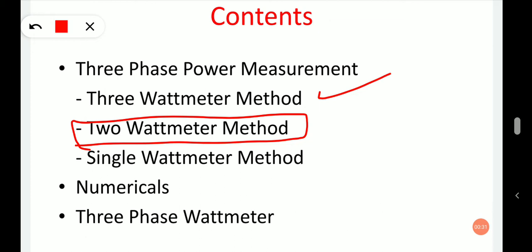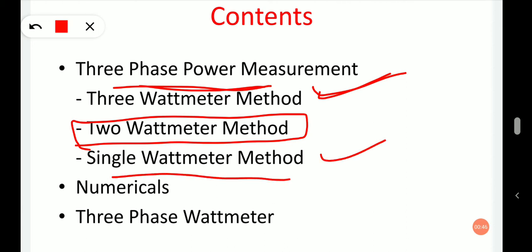In the previous video we have seen what three-phase power measurement is, what Blondel's theorem is, as well as what the three wattmeter method and single wattmeter method are. So now we will discuss the two wattmeter method.